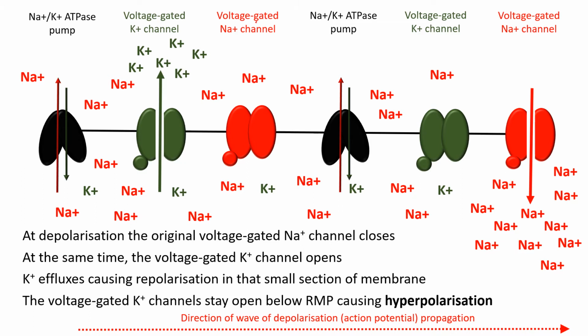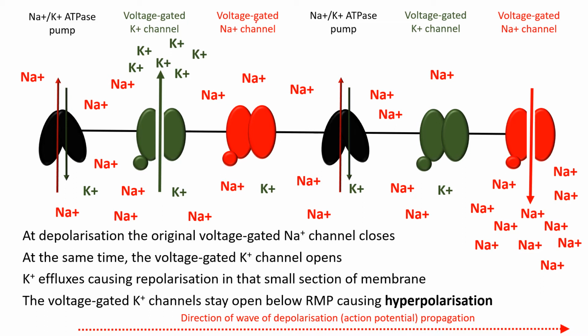Actually, they're slow to open, the potassium channels, but they're also a bit slow to close. So they stay open below resting membrane potential. So they keep effluxing potassium until we get to resting membrane potential, but then they don't shut straight away. They stay open.